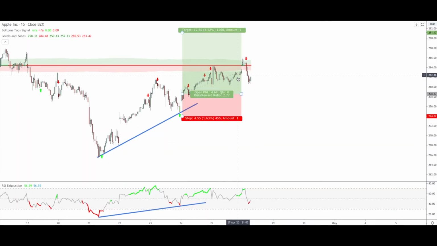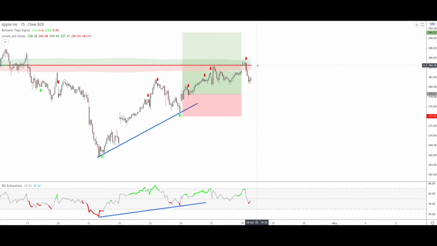So the price has moved further, but it moved slightly above the resistance for 3 candles, and then it went straight down with the top. I'm not concerned about this top, I'm just concerned about the fact that this resistance is very strong, so the price is finding it quite hard to push through.